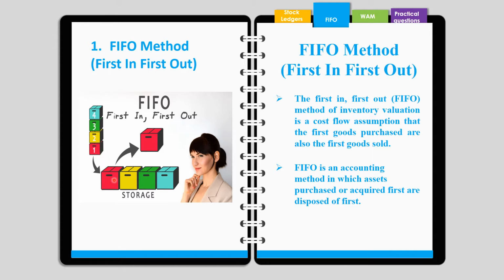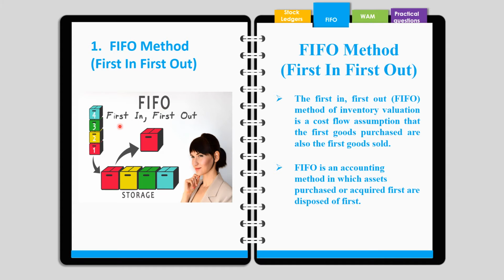So that will be consumed or sold first. Second purchase was yellow color box, so we are going to consume the second box yellow next. Then the third purchase was green color box, so the third consumption will go on green, and the last was fourth, and similarly we will take it as a last consumption.